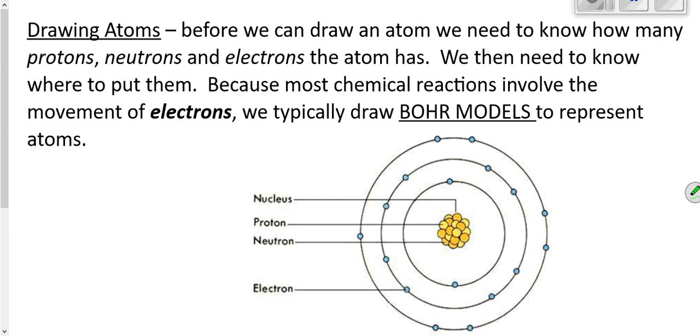So when we go to draw a Bohr diagram, we know we're going to be putting our protons and our neutrons in the middle. We're going to be putting them in the nucleus. So the nucleus is the central part of the atom, and all the protons and neutrons will be there. The electrons will be in the rings surrounding the nucleus. And so let's review, how do I know where to put everything, how many I'm going to need, and how that's going to look.